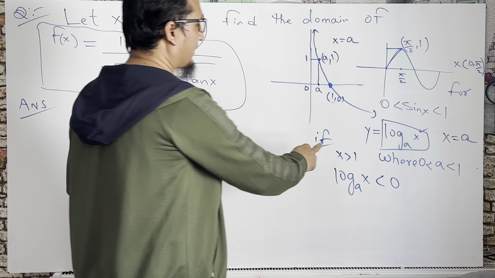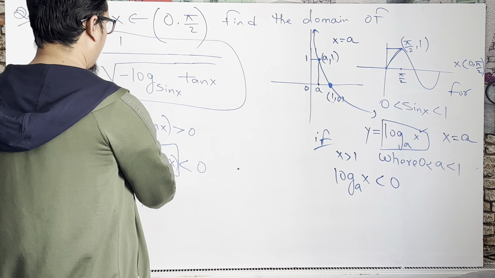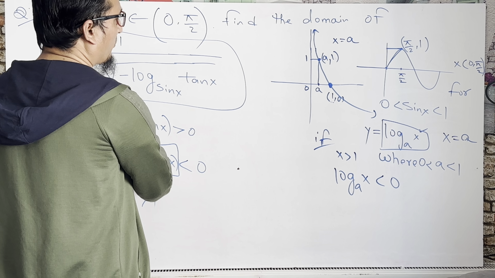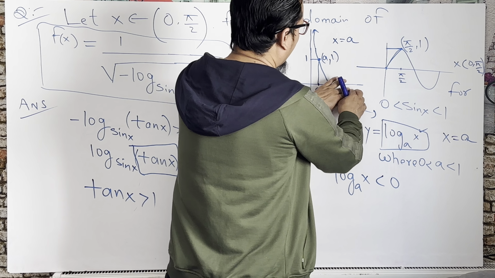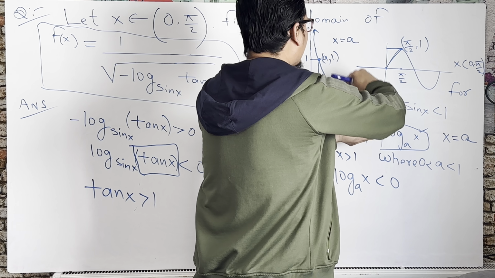If the value of x is greater than 1, means if tan x is like, for example, 1.1, 1.2, 1.3, 1.4, 1.5, right? So the log is always negative.